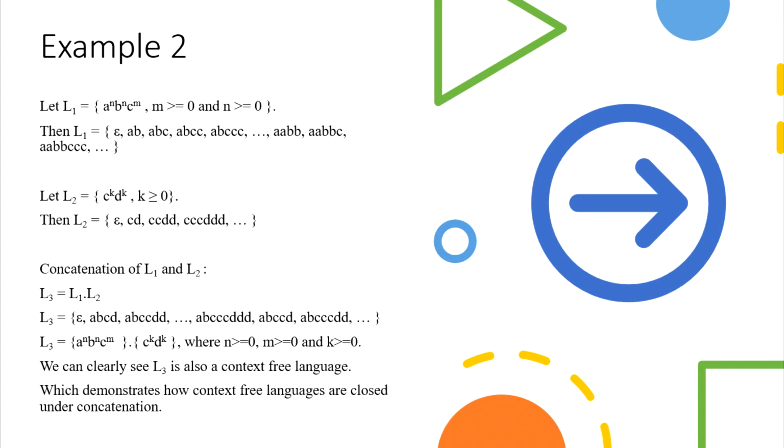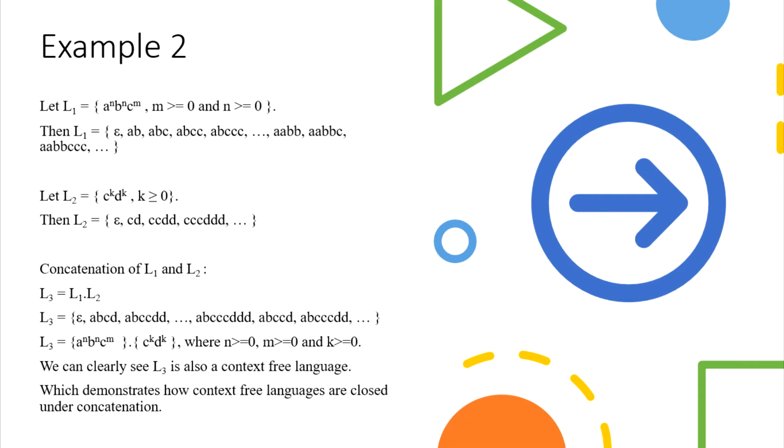So we have again seen that if L1 is a context-free language and L2 is a context-free language, then after we have done the concatenation of L1 and L2, the language that we get is also a context-free language. So by these observations, we can say that the context-free languages are closed under the concatenation property.